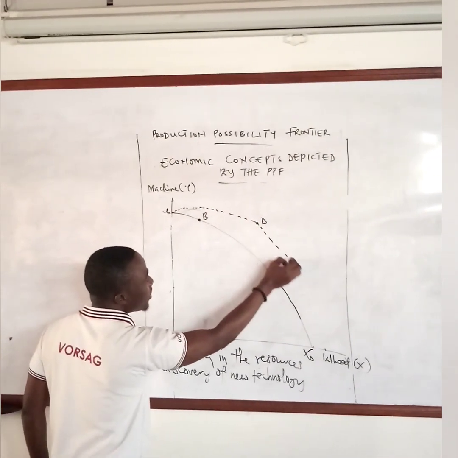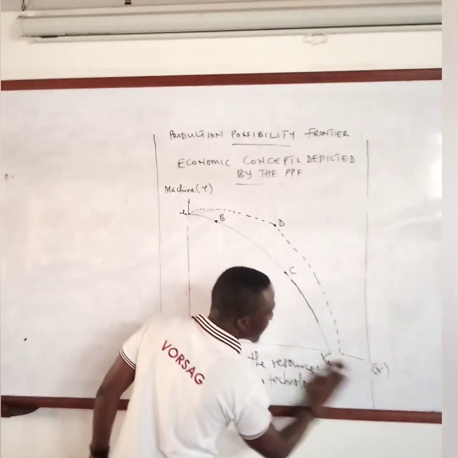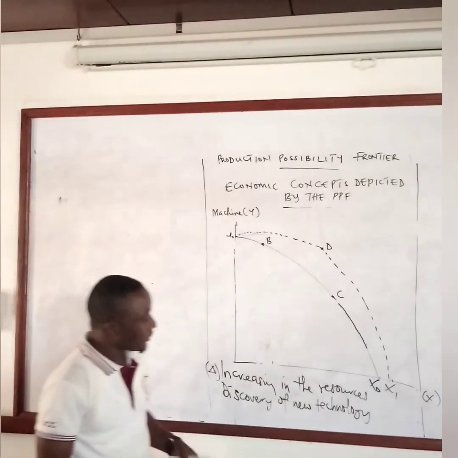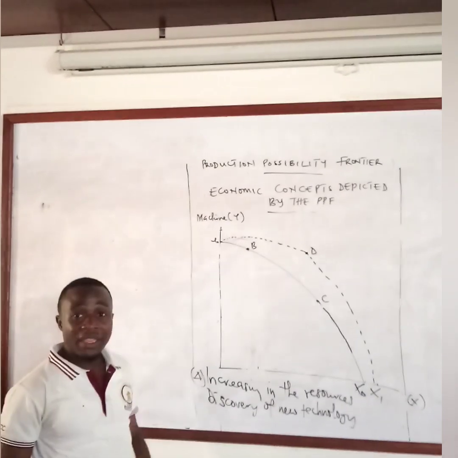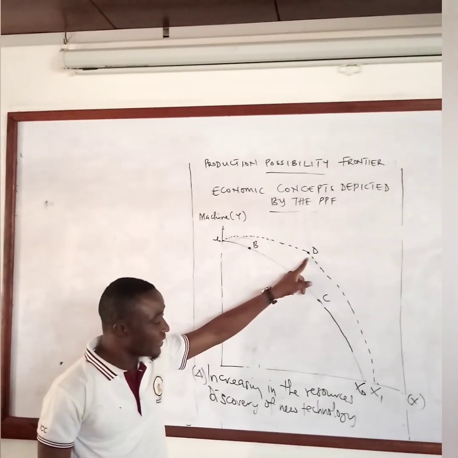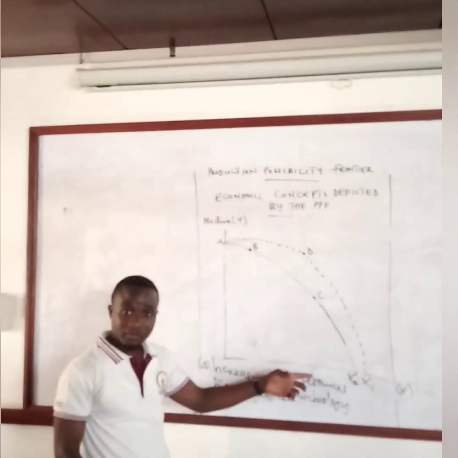So I want to get to point D. So now I'm going to have, let me clean the board here, we have X1. So it means that X has now increased while Y remains the same.